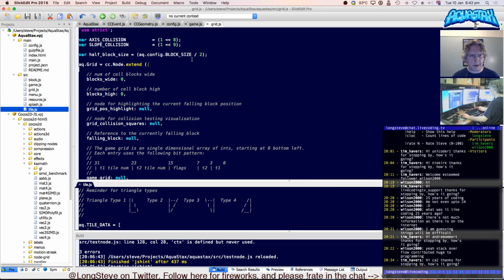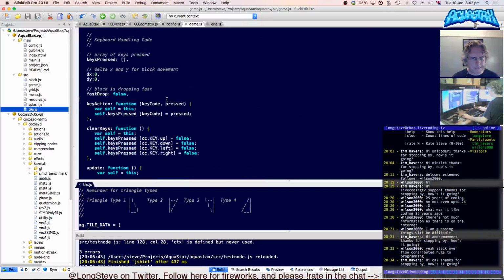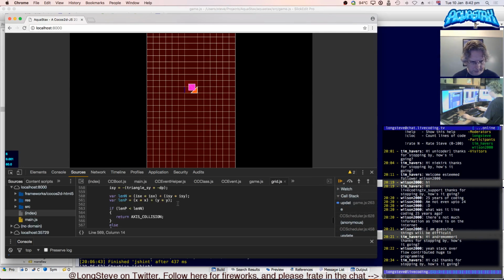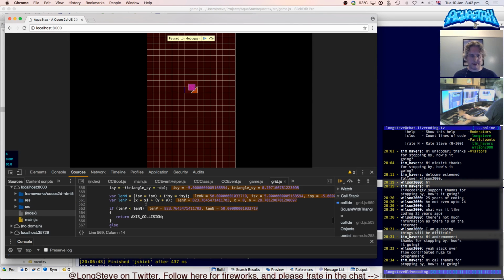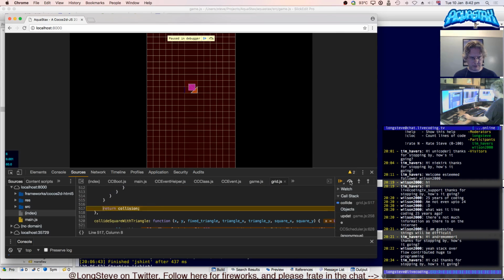So it's not returning slope collision at that point. It is returning it there though. Yeah, slope collision is 512. Axis collision is 256. Slope collision is 512.